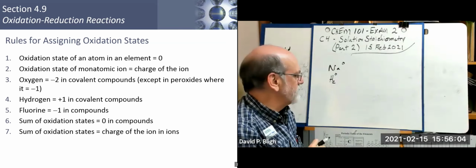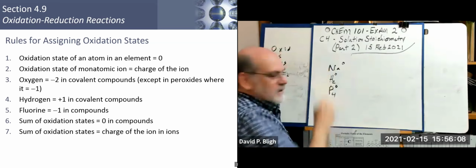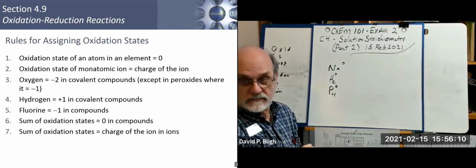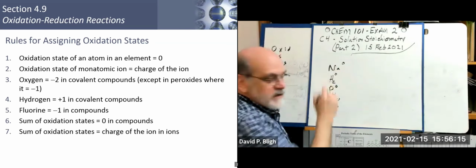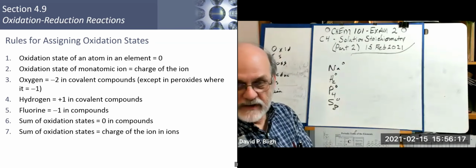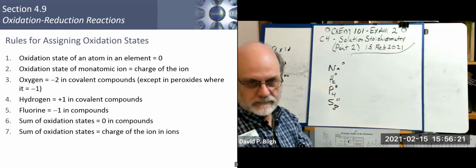If you have this phosphorus, each one is 0. Or if you have this sulfur, each one is 0. They're all 0 oxidation state, which implies neutrality.